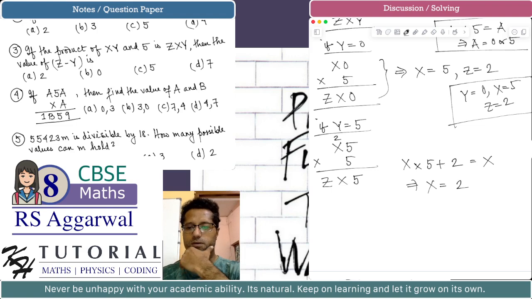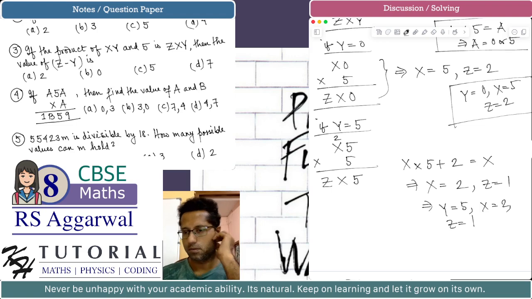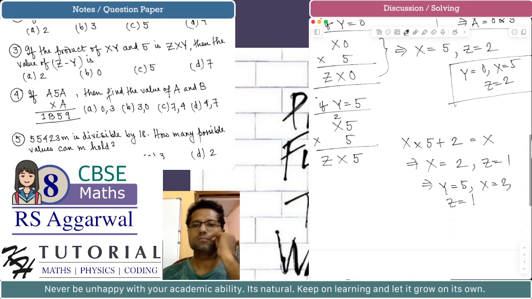In that case, 25 multiplied by 5 is 125, and z has to be equal to 1. So this is also a possible solution: y is equal to 5, x is equal to 2, and z is equal to 1.